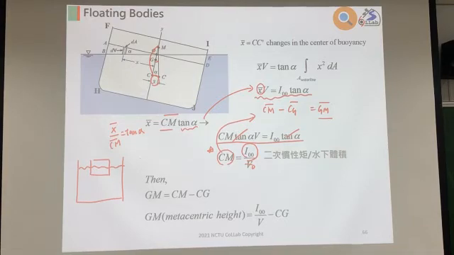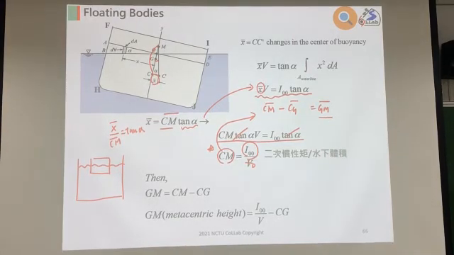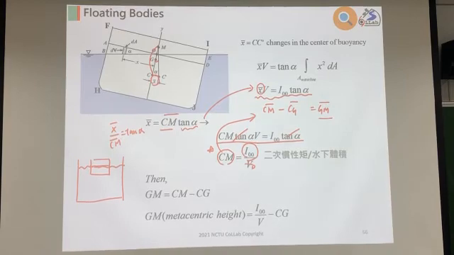So what is the shape for the water line? The water line is the crossover area on the water surface. In this case, the water line should be a right angle, like this. The crossover area for the water surface is a right angle.